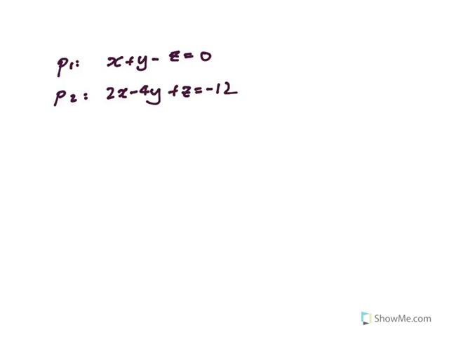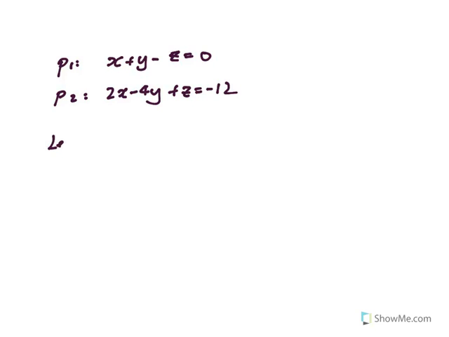Okay, next. Part 3. Find the coordinates of a point common to P1 and P2. This is P1. Your P2. I want to find the coordinates of any point common to P1 and P2. How to find?